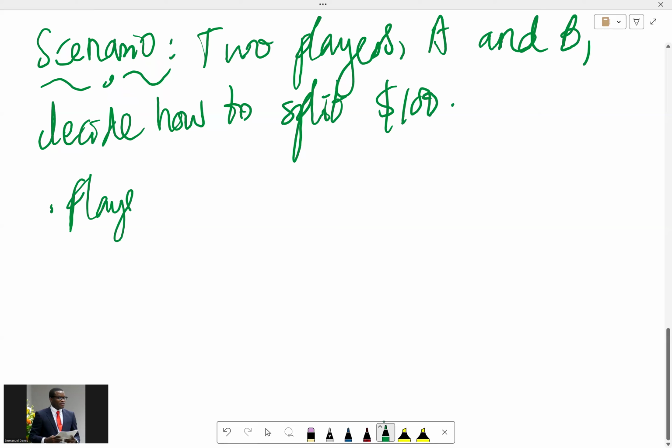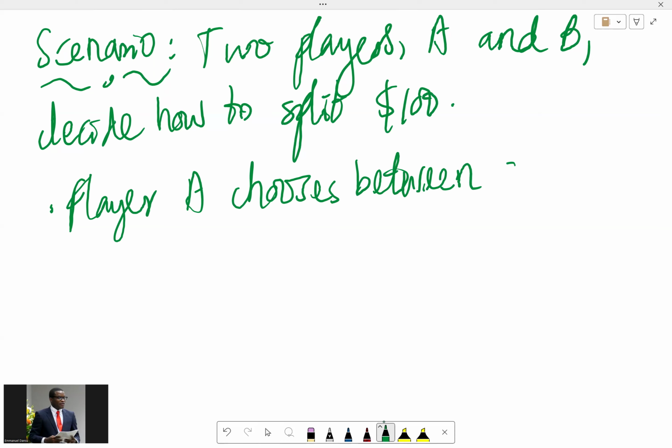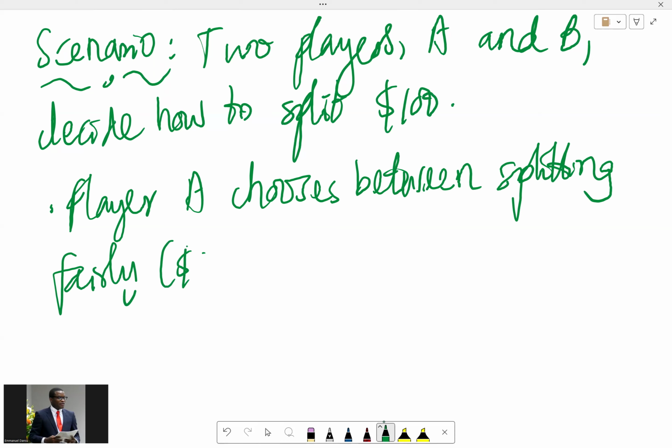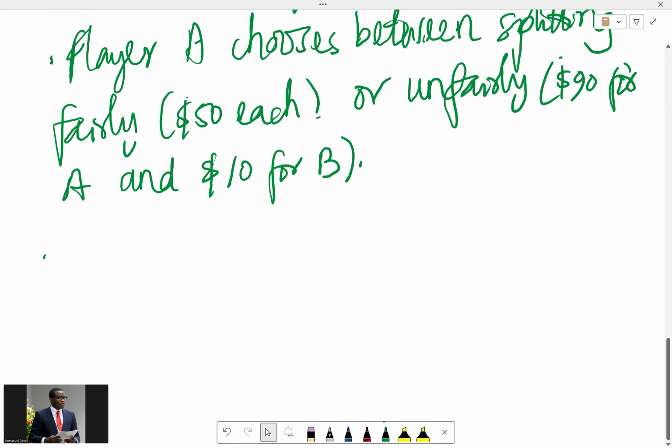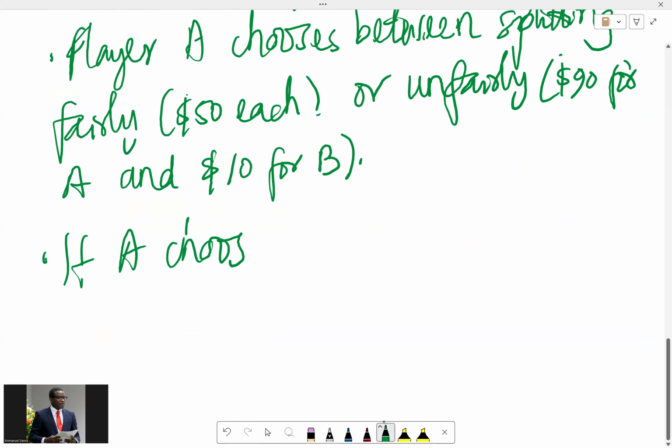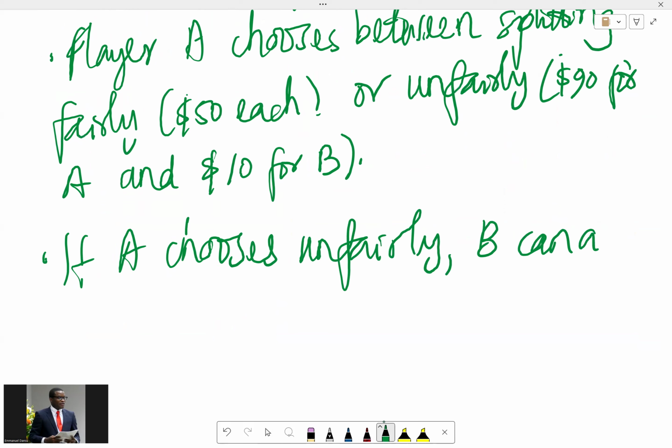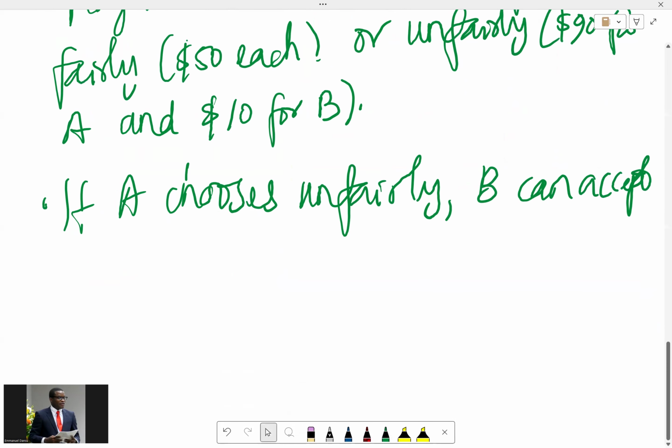So player A chooses between splitting fairly, in that case, $50 for each person, or unfairly, which is $90 for A and $10 for B. So if A chooses unfairly, B can accept or reject the split.